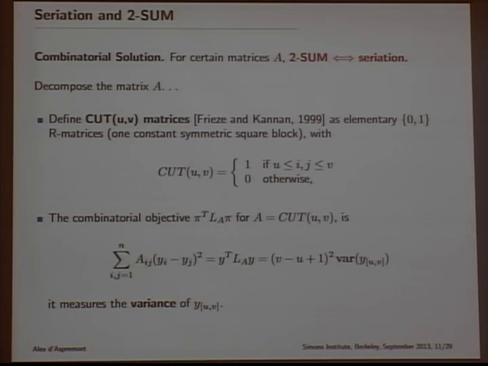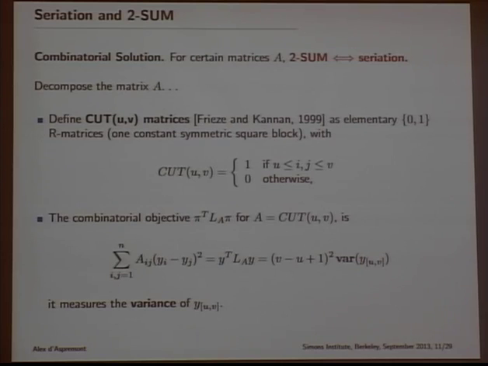Cut matrices are simply constant, symmetric block matrices, 0, 1. It's an elementary block, and we're going to try to write our objective matrix A as a combination of cut matrices, okay?